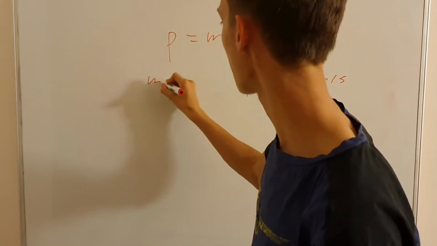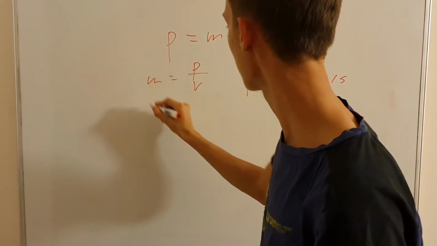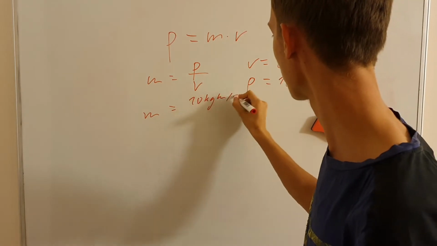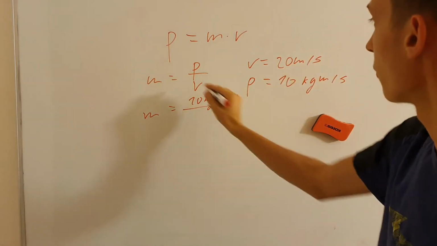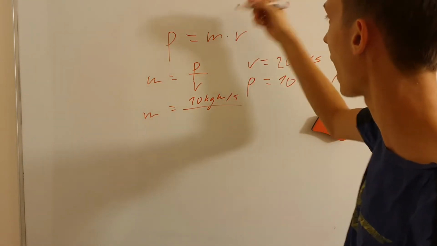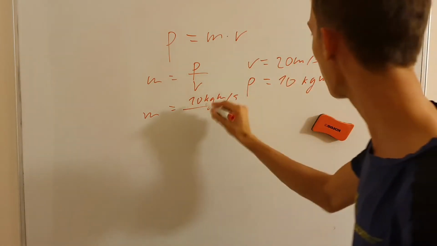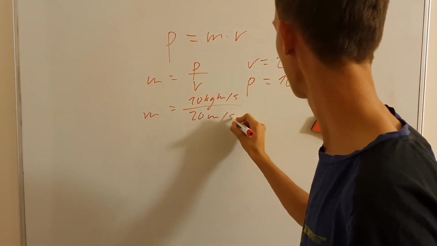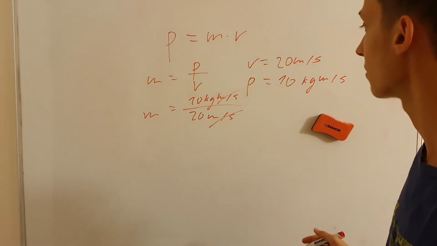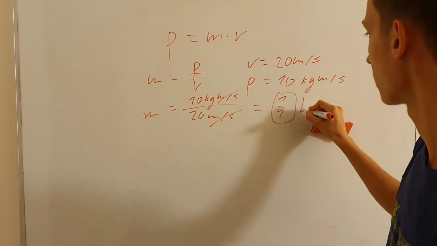In such case, I will get the expression for m, which is p over v. So m will be equal to 10 kilograms meters per second over 20 meters per second. The units cancel out together, and the mass is basically 1/2 kilograms.